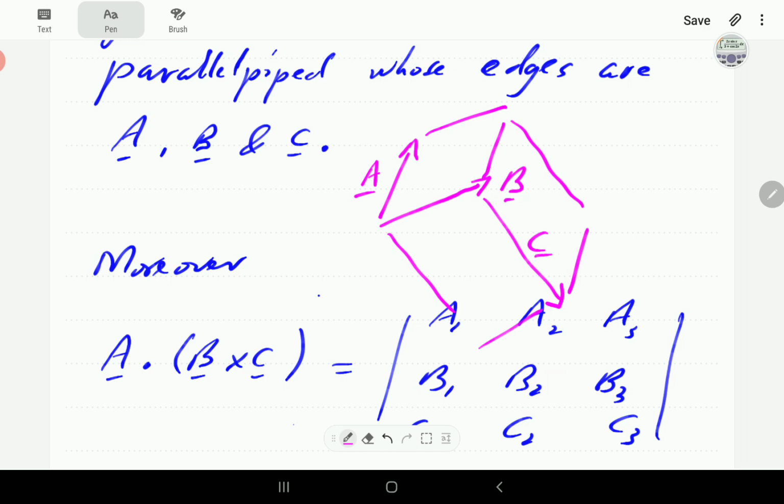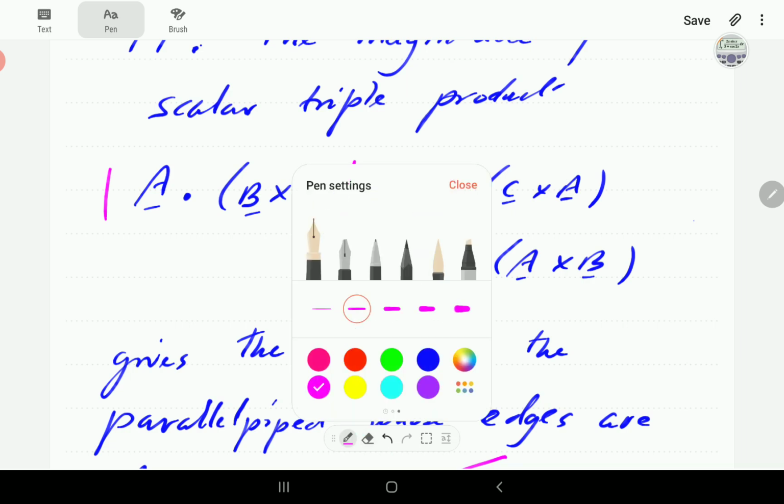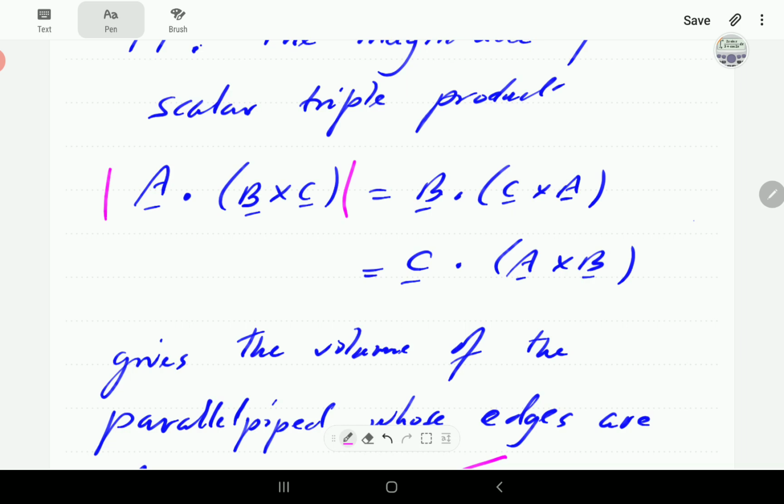Then the volume of this thing here is going to be given by the magnitude of that. This thing is just a number, so the magnitude is just saying the number.